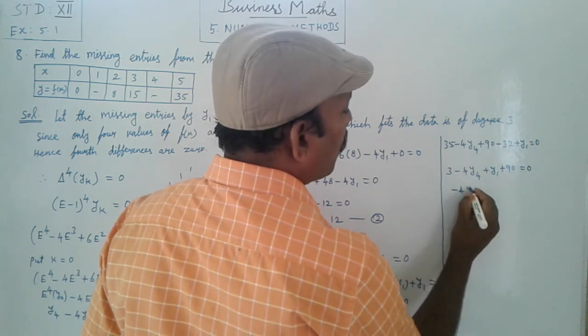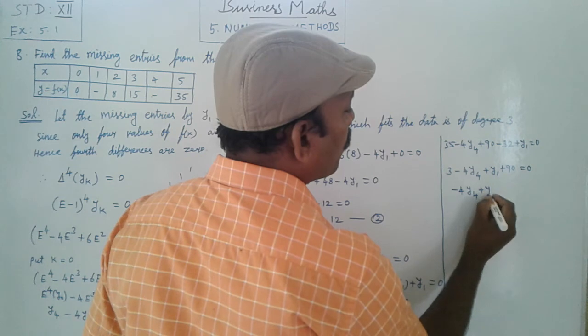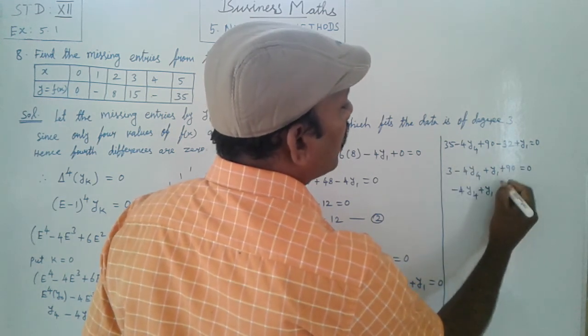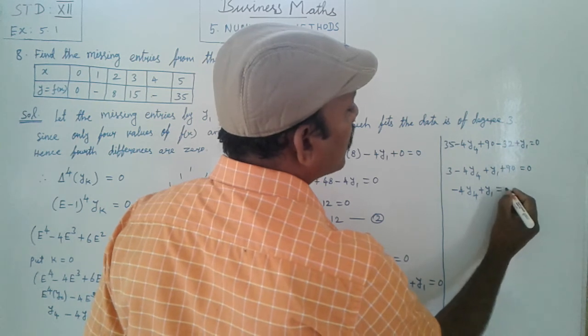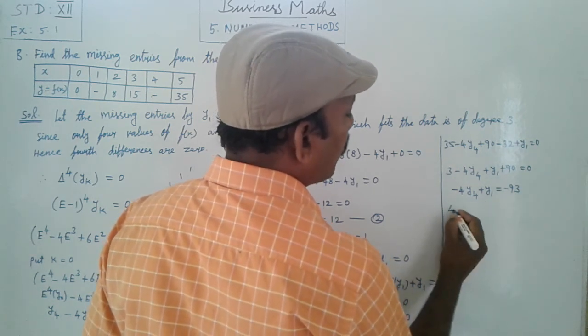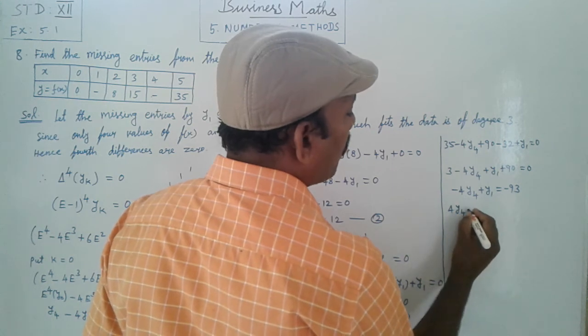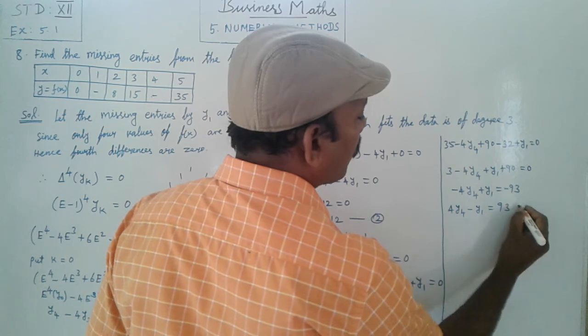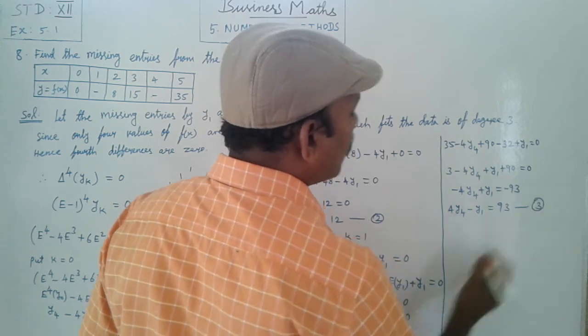Minus 4y4 plus y1; 90 plus 3 is 93. Take right hand side, then minus 93. So multiply by minus: 4y4 minus y1 equal to plus 93. This is the equation number 3.